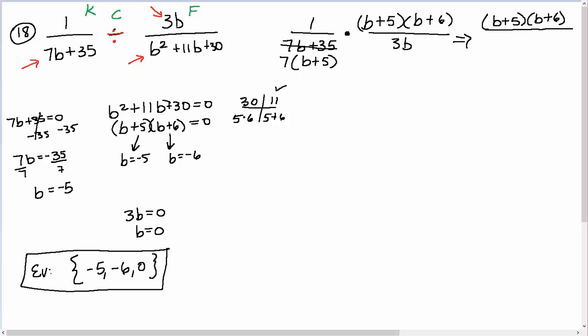Use a color pen. We have a 7 here, and we have a 3 here, right? 7 times 3 is 21. We have a b, and we have a b plus 5. The b plus 5's cancel.